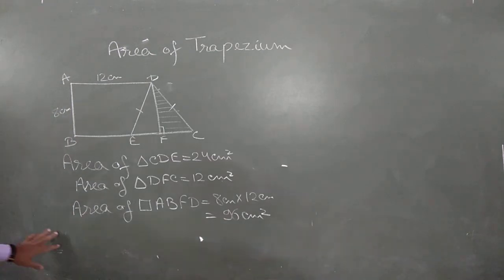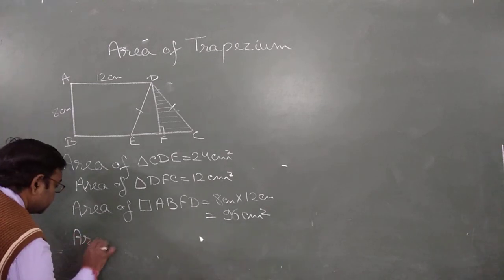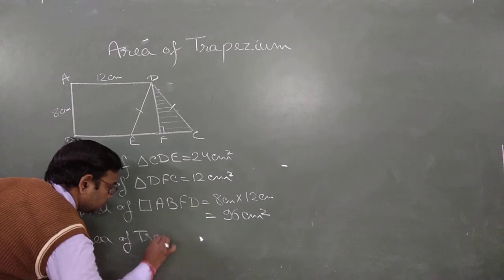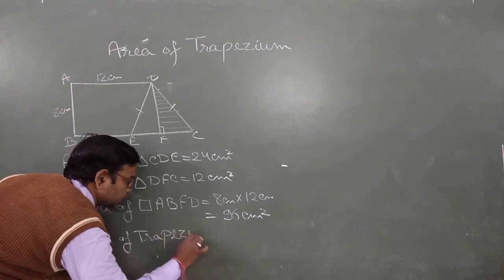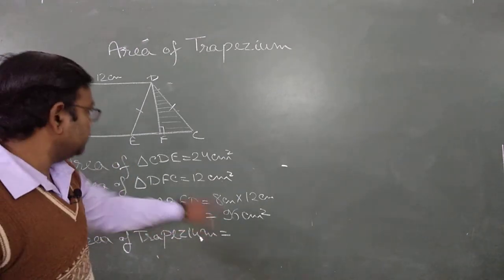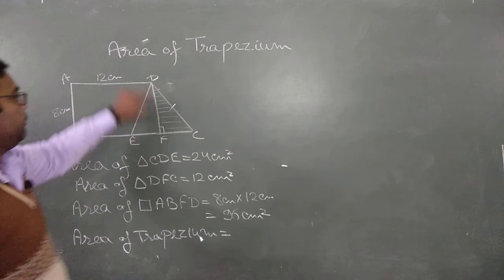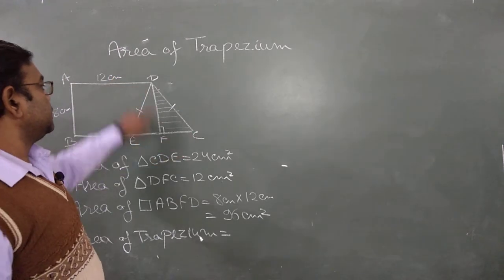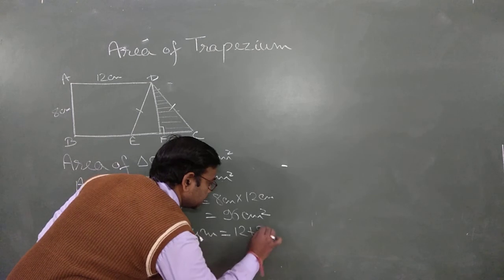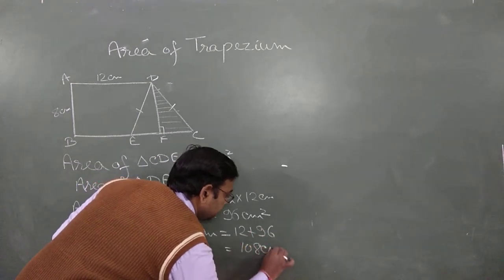So from this we can easily calculate the area of trapezium, which equals the sum of these two areas, meaning area of rectangle ABFD and triangle CFD. It's 12 plus 96, it's 108 centimeter square.